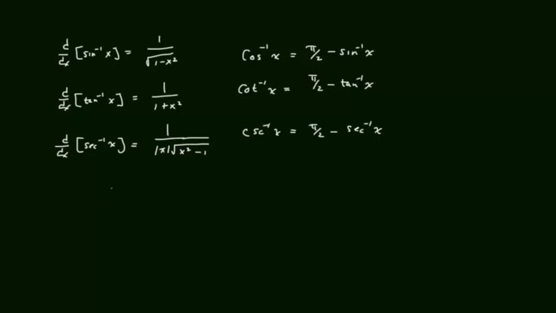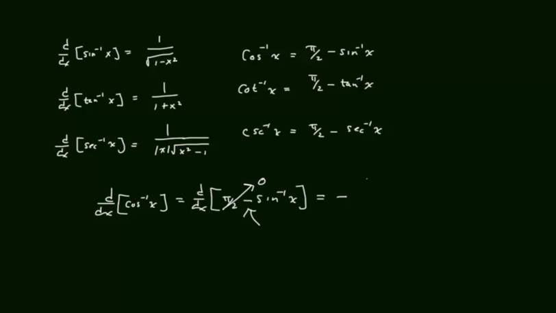So, if I wanted to find the derivative with respect to x of, let's say, the inverse cosine of x, then that would be equal to the derivative with respect to x of pi over 2 minus the inverse sine of x. This would go to 0, the derivative of a constant, and this would be negative the derivative of the inverse sine.